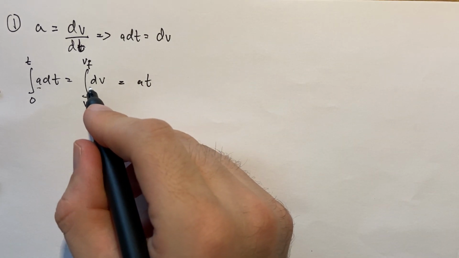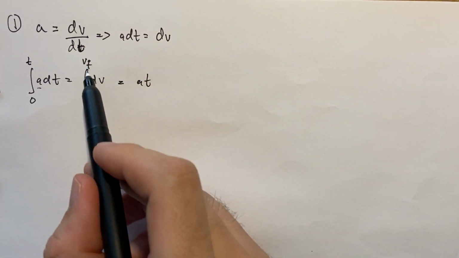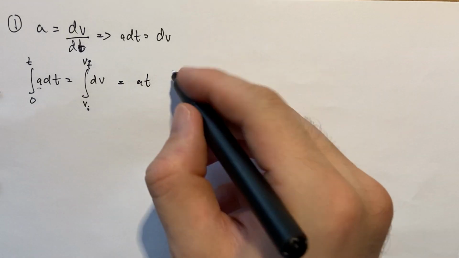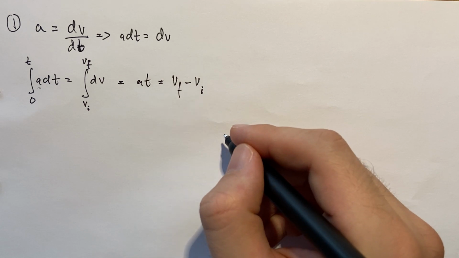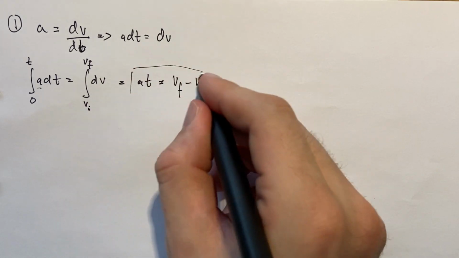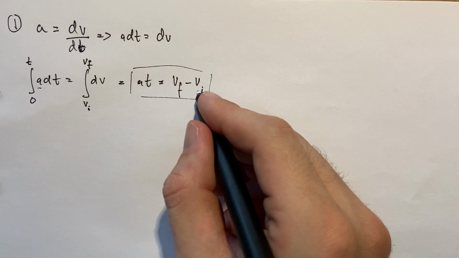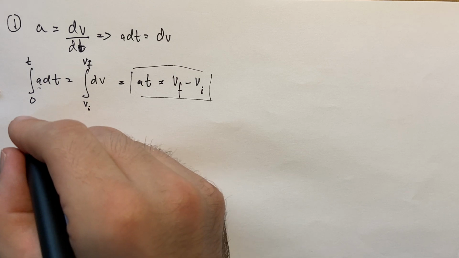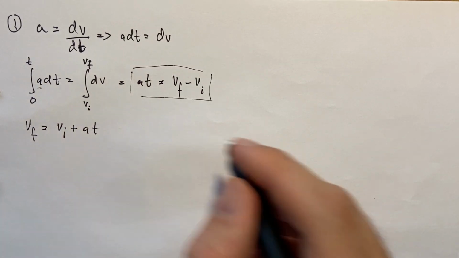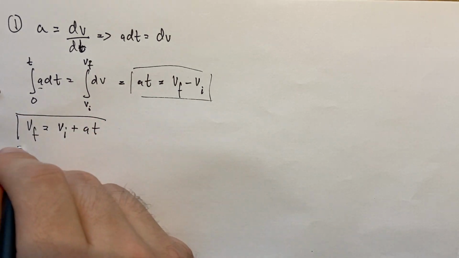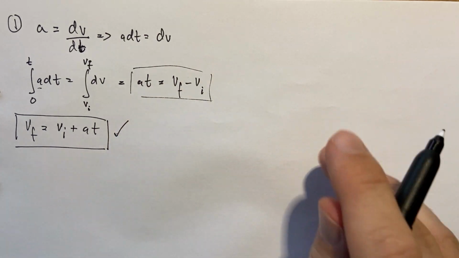And since we don't have a term here as well, this expression will just be the difference between the two limits. So vf minus vi. And if we continue to develop it, we can move vi to this side. We'll get vf equals vi plus at. And this is the first equation of motion derived through calculus.